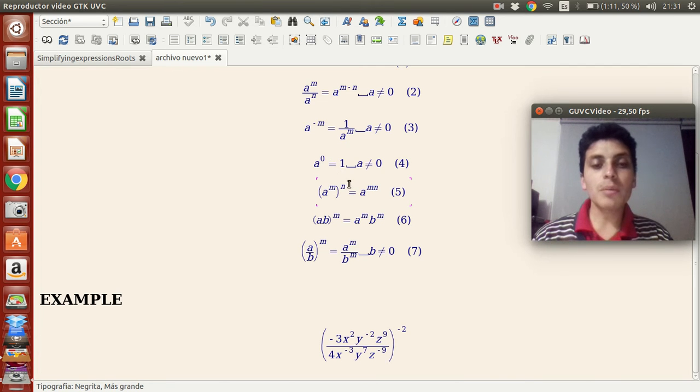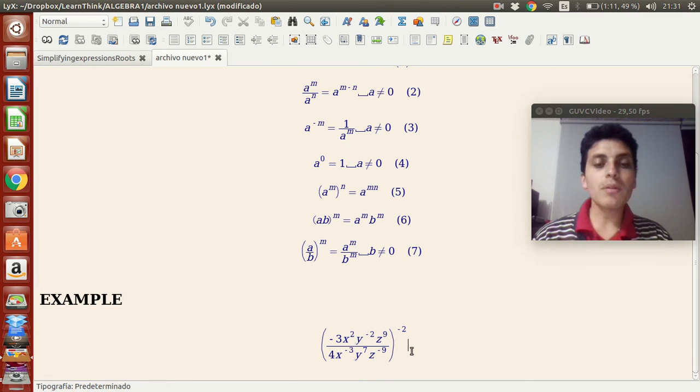A power to a power is the multiplication of the powers. Different bases but the same exponent can be written as both bases apart with the same exponent, and the same with division. So I'm going to show you an example of how to simplify it applying the properties, but remember, you can simplify using other ways, following the properties.